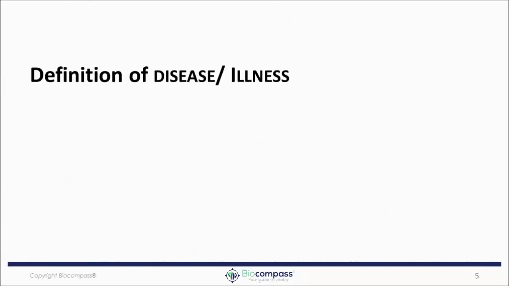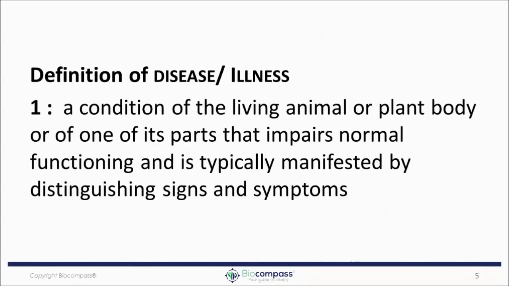So let's take a look at the definition of a disease or an illness. It's a condition of a living animal or plant body or one of its parts that impairs normal functioning and is typically manifested by distinguishing signs and symptoms.